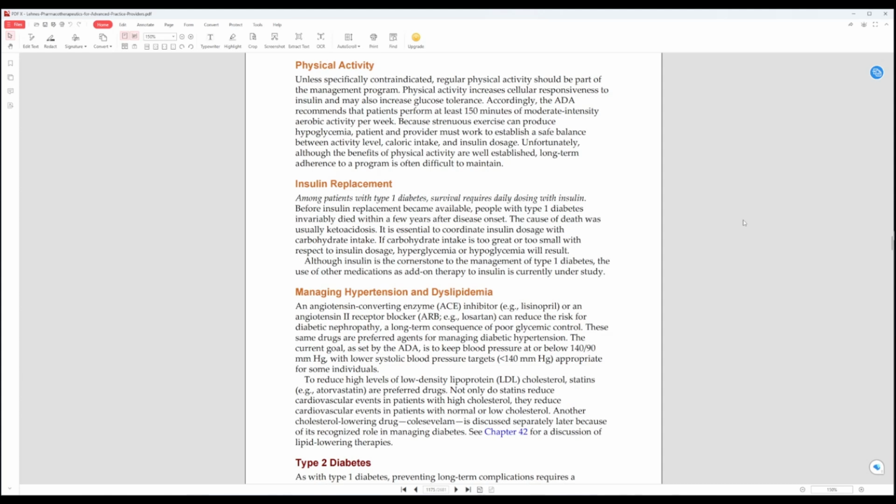It is essential to coordinate insulin dosage with carbohydrate intake. If carbohydrate intake is too great or too small with respect to insulin dosage, hyperglycemia or hypoglycemia will eventually result. Although insulin is the cornerstone to the management of type 1 diabetes, the use of other medications as add-on therapy to insulin is currently under study.